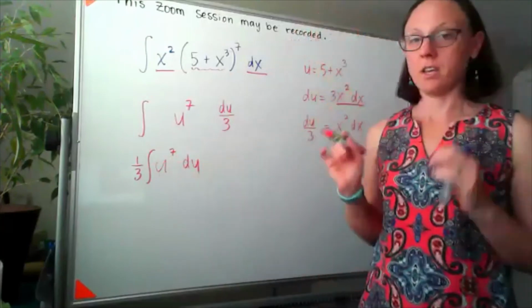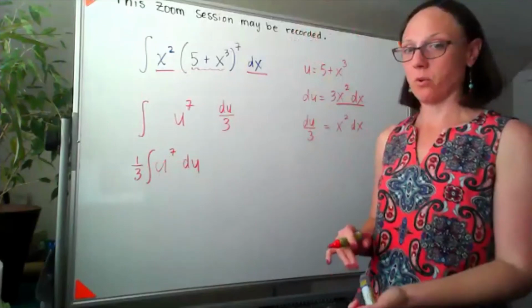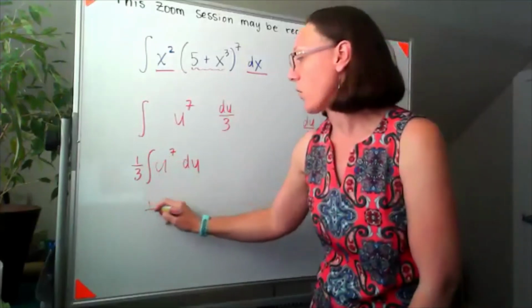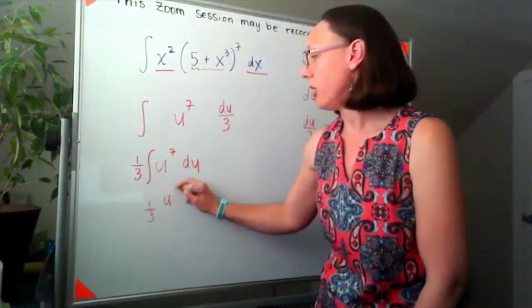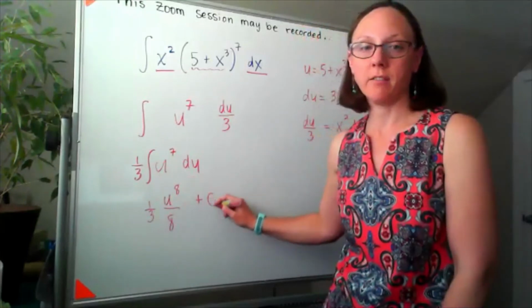U to the 7th du. I'm going to add 1 to the exponent, divide by the new exponent to get the antiderivative. So I'll have 1/3 u to the 8th divided by 8 plus the constant.